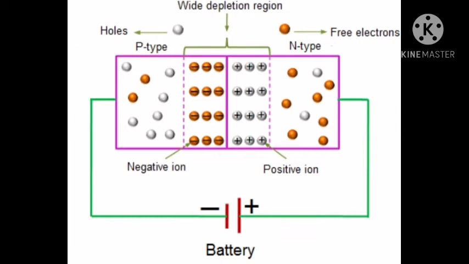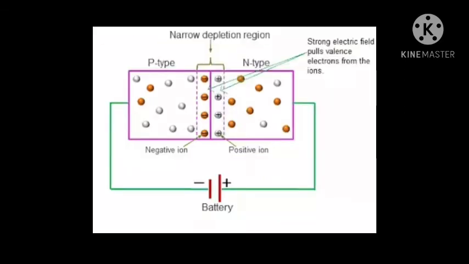On the other hand, another breakdown mechanism is the Zener breakdown, where there will be a direct rupture of the covalent bonds and there will be no multiplication process. And for the Zener breakdown, you also observe that the depletion region is much narrower in comparison to the avalanche breakdown.